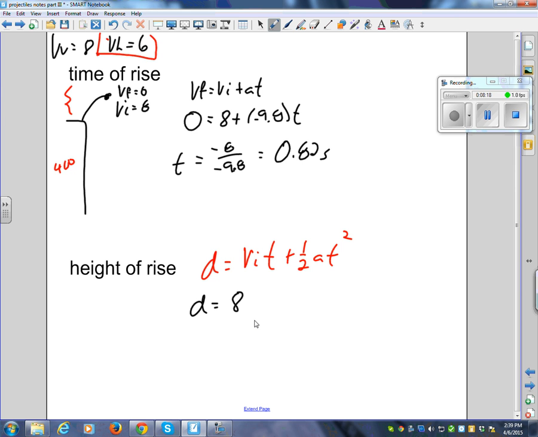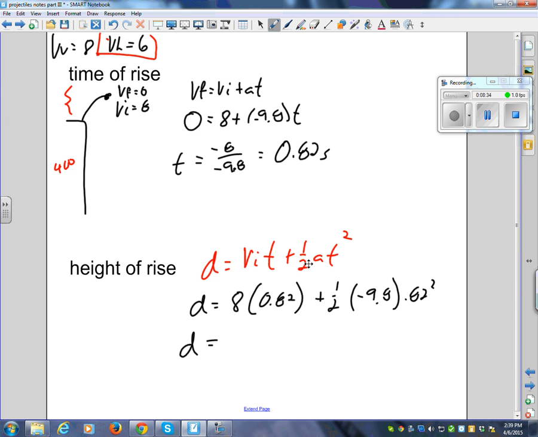Help me out. So it's 8 times t, 0.82, plus 1/2, minus 9.8. What's my t? 0.82 squared.